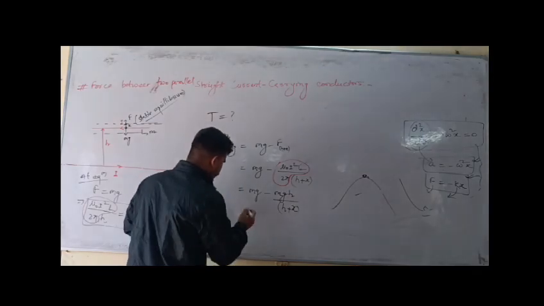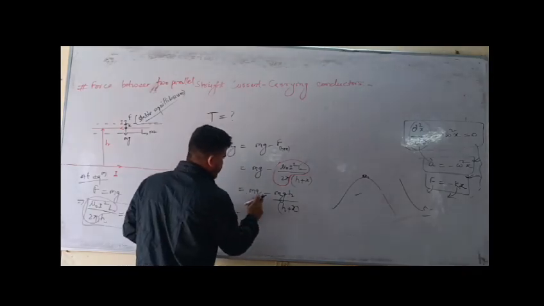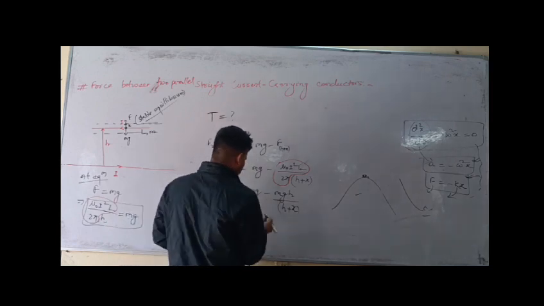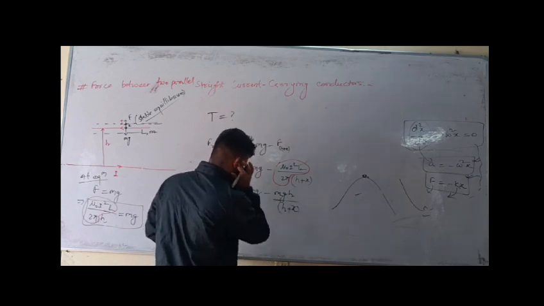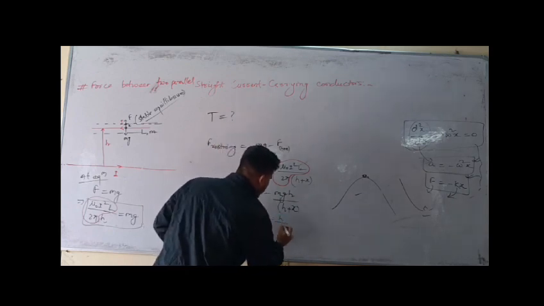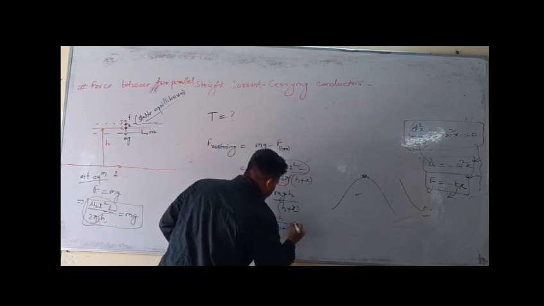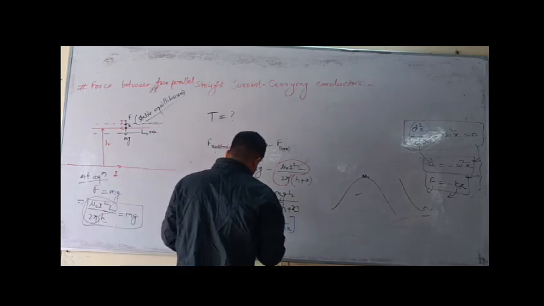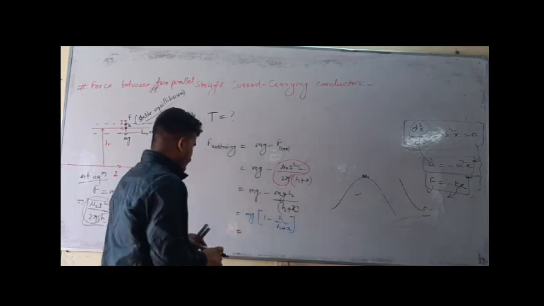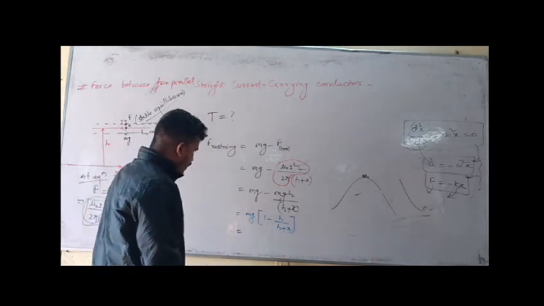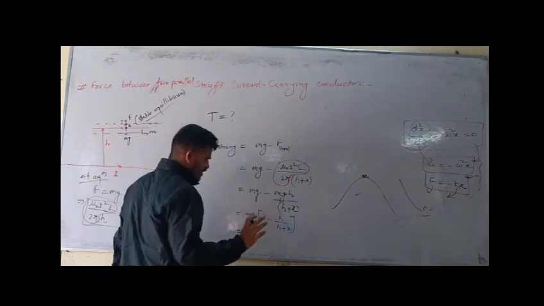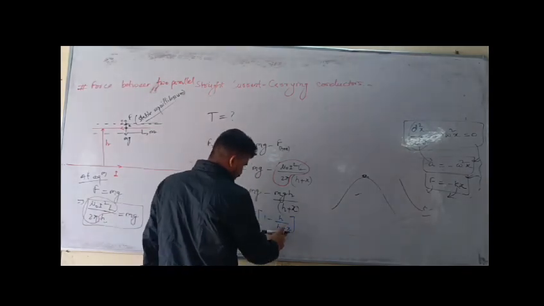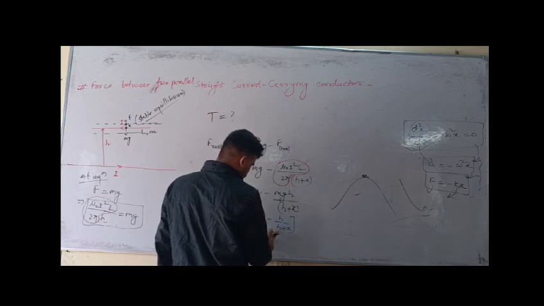Okay, let's calculate this. Now listen, mg in both, and 1 minus h by h plus x. Now x is very small.